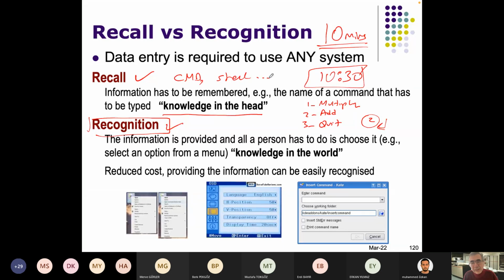If memorization is not there or minimal, we say it is a recognition-based interface. And it could be in multiple forms. And Donald Norman says this is knowledge in the world rather than knowledge in the head.